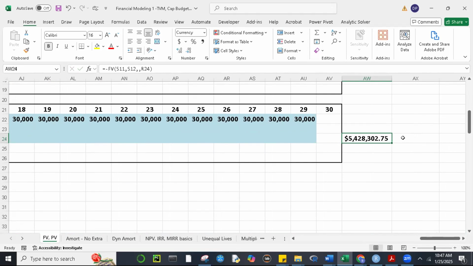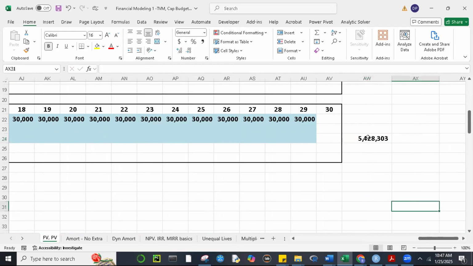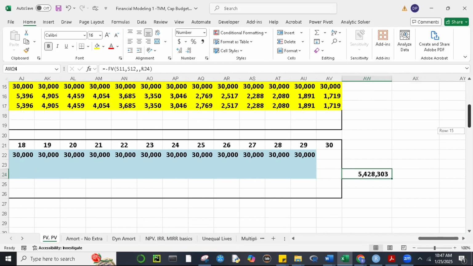All right. Okay, so this is the future value for annuity due.